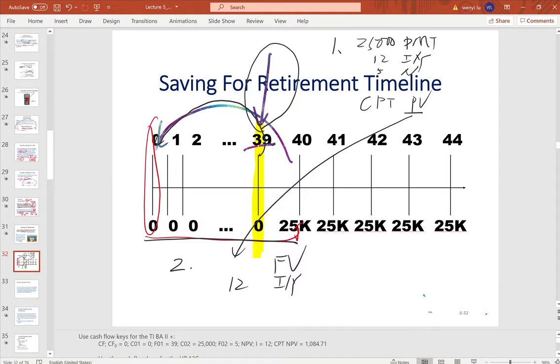It's not a multiple cash flow anymore, so there's no payment, just the time: 39 as N. We compute the present value. So there are two steps. In the first step, you solve the present value of the annuity on 39. Then in the second step, you bring the 39's future value as a single cash flow and discount it to time 0, using our discounting process. So these are the two steps for these questions.